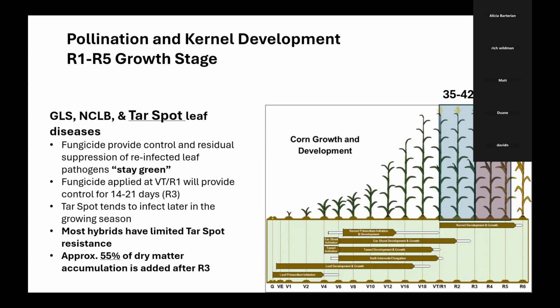You're putting at risk the 55% of that dry matter grain fill that's going to be there. And I don't have a take-home message, do this, this, and this. My message to you guys is think about this as a system and think about what's your disease plan. Go ahead and hit the next slide.